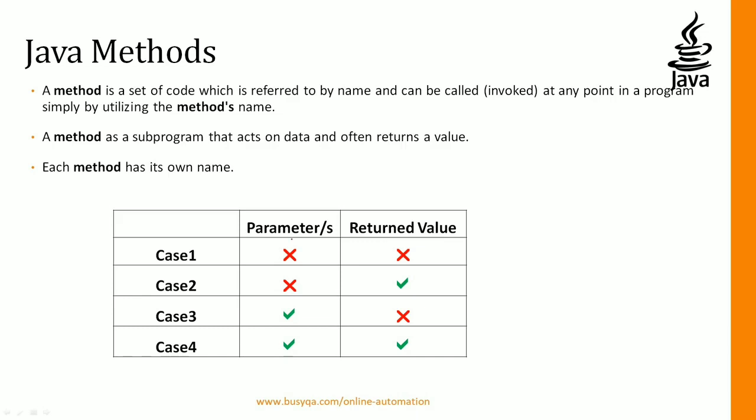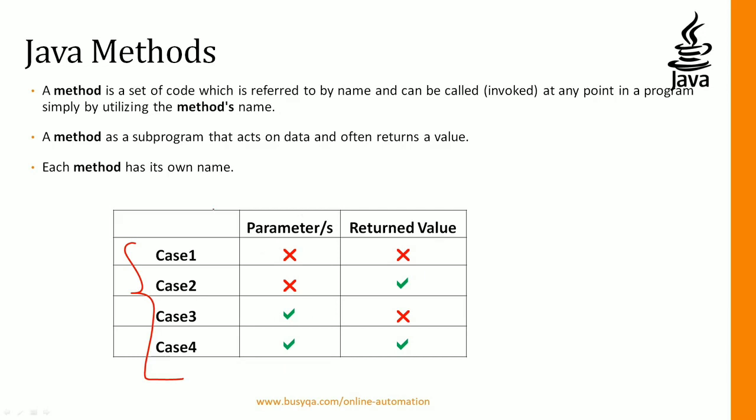So sometimes methods may not take parameters and may not return a value. This is one case. The other case is sometimes methods may not take any parameters but may return some value, and methods may take some parameters but don't return any value, and methods may take parameters and also return a value. So these combinations we can use to create Java methods within the class.